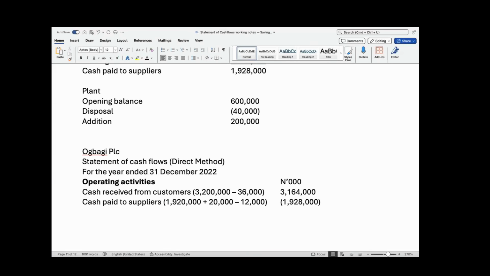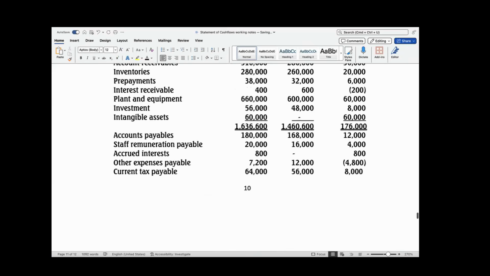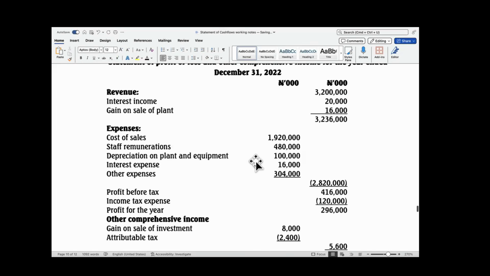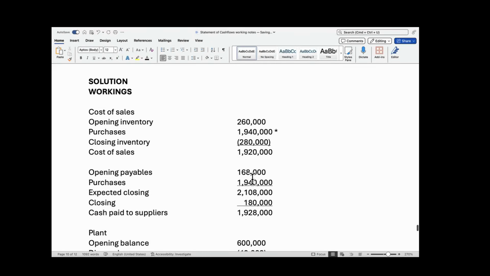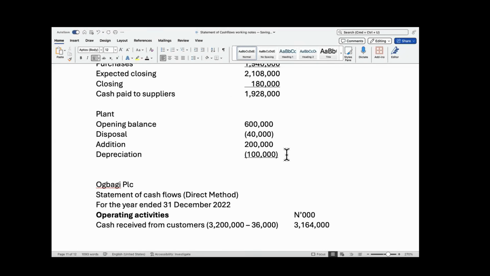Then I was given depreciation on plant and equipment of 100. So what's my expected closing?